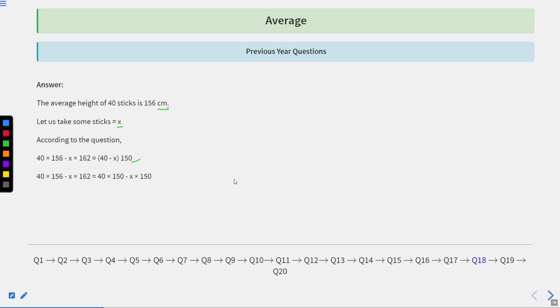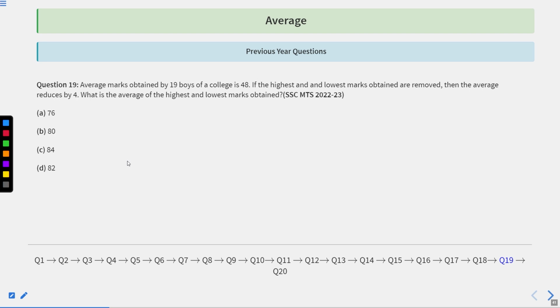When you simplify this, you will have 40 times of 156 minus 150 equal to x times of 162 minus 150, which gives x equal to 20. So the remaining sticks is 40 minus x, that is equal to 20. The correct option here will be option number B, that is 20.